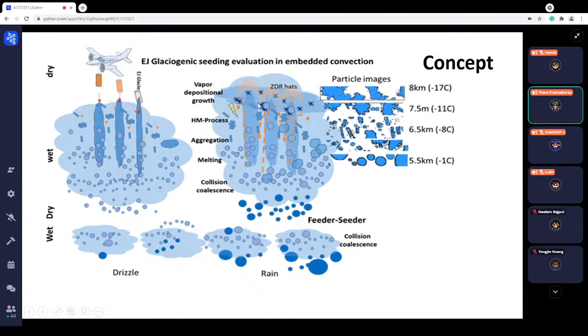we call this CDR hats. We have named them like that because there is an enhancement in the ice particles in this region as per the radar observations, and we could also see that in the in situ measurements. When we come down further in this layer, we have also seen some Hallett-Mossop process.